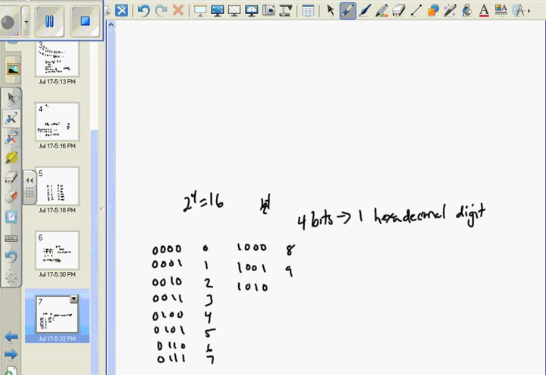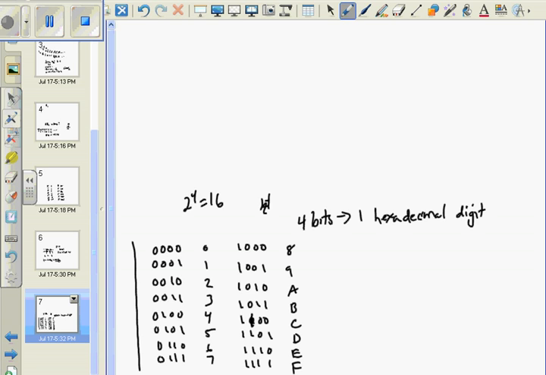Now instead of writing 10, we're going to use the letter A. Then we have 11, which is B, 12, which is C, 13, which is D, 14, which is E, and 15, which is F.